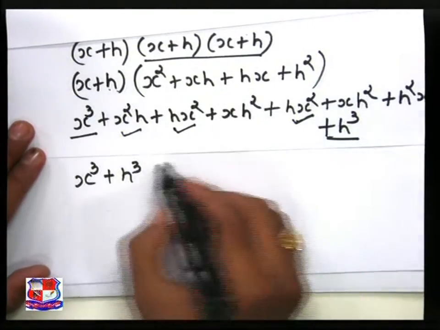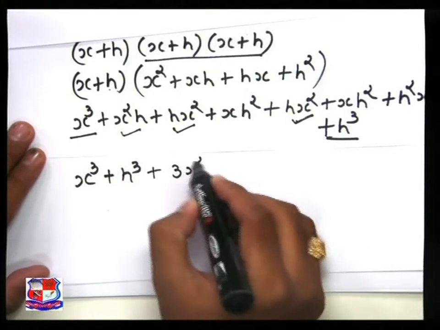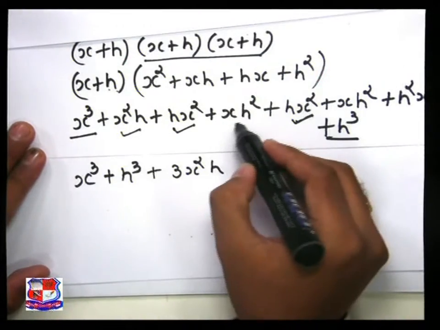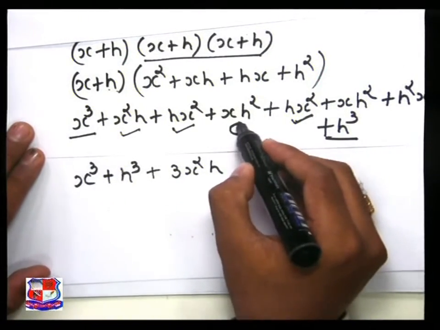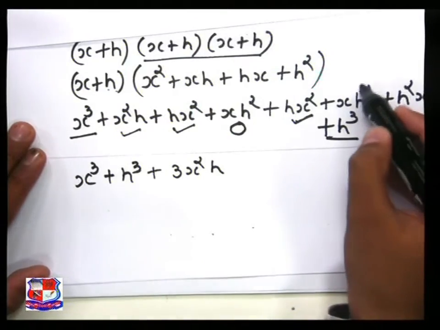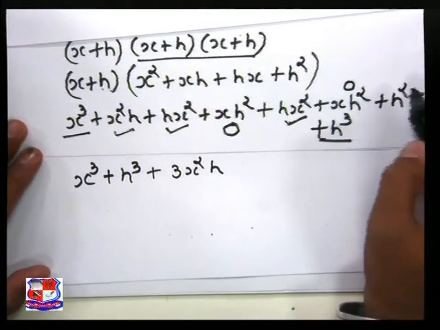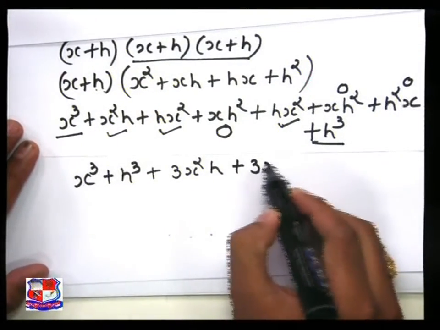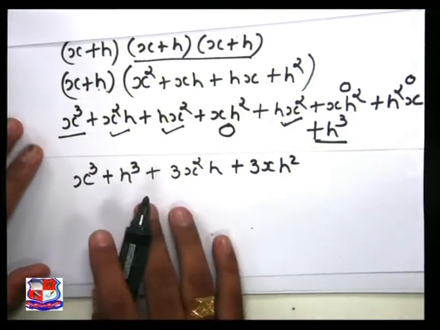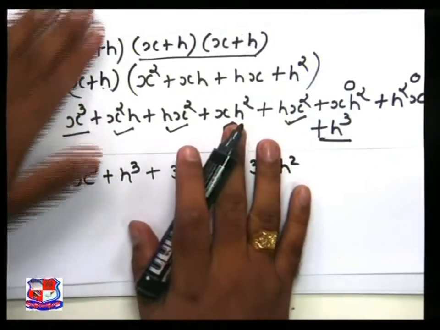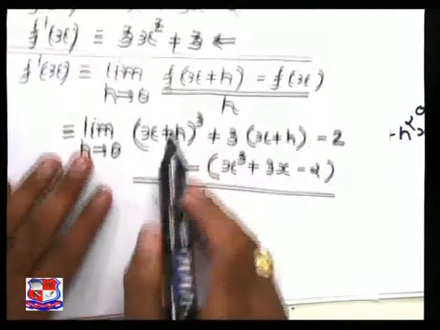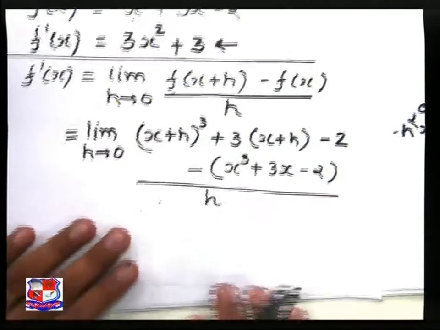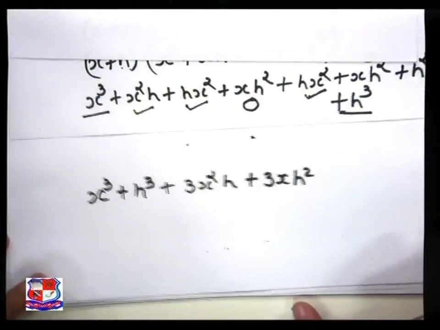So ultimately 3x square h. x into h square, x into h square, x into h square. So 3xh square. So finally we get the cube result, x plus h cube. So in this way we can simplify directly.